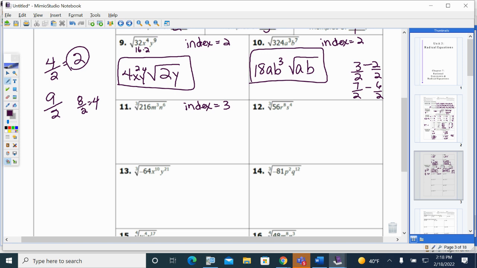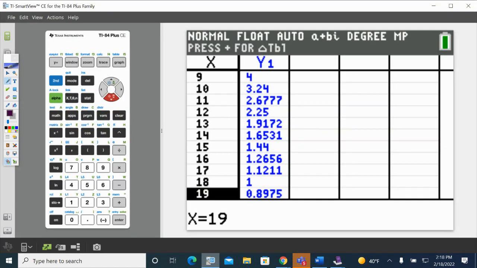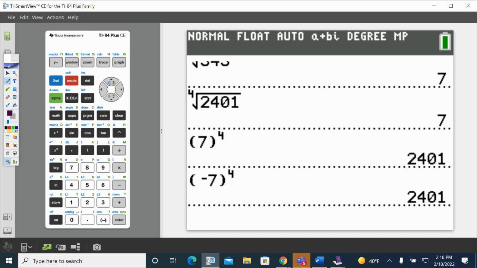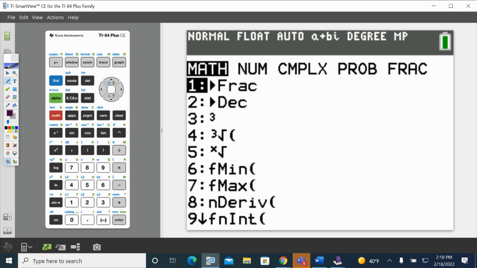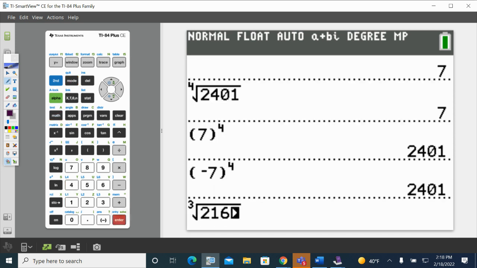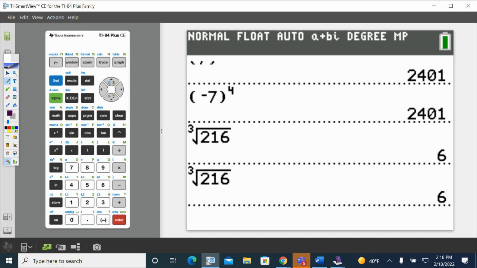So we're looking for the cube root of 216, which I think is actually 6. No, it's 8. The cube root of 216, I'm pretty sure is perfect. Oh, it's 6. Just kidding. It's 6.